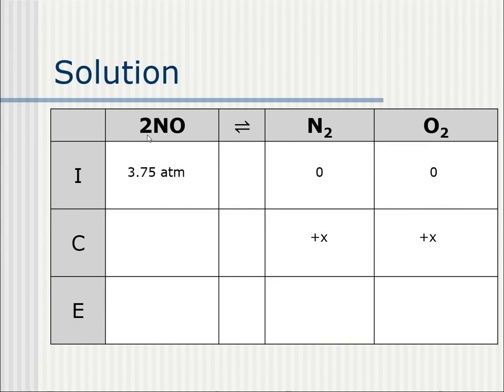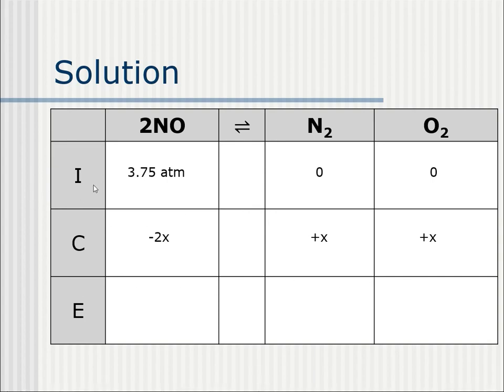Notice the coefficient for nitrogen monoxide is a 2, so it's going to be minus 2x, because for every 1 mole of nitrogen that is created, I'm going to need to remove 2 moles of nitrogen monoxide. That means for every 1 atmosphere of nitrogen that is created, I'm going to have to reduce the pressure of the nitrogen monoxide by a factor of 2, the molar coefficient.